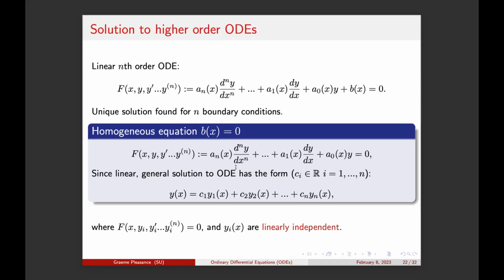In other words, each of these individual functions can't be expressed in terms of any of the other functions. So in this case, y1 can't be expressed in terms of any linear combination of y2, y3, etc.